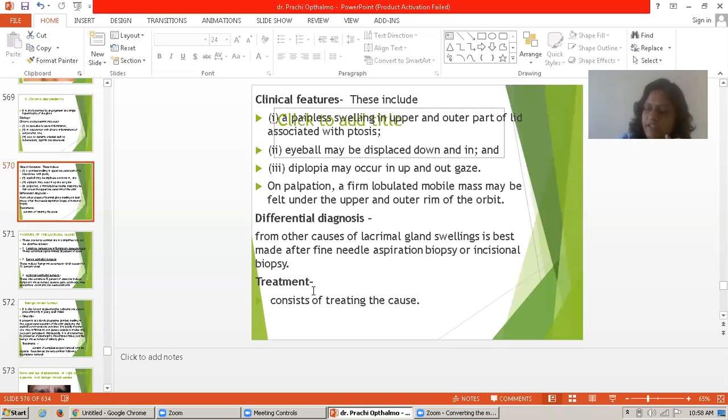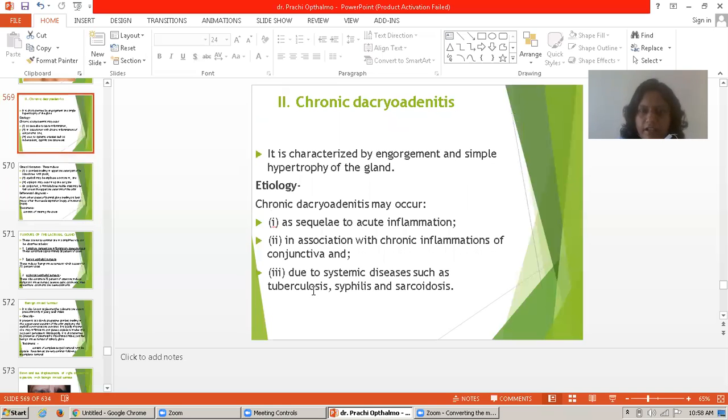The removal of the cause is the best treatment for chronic dacryoadenitis, that is, engorgement and simple hypertrophy of the gland.